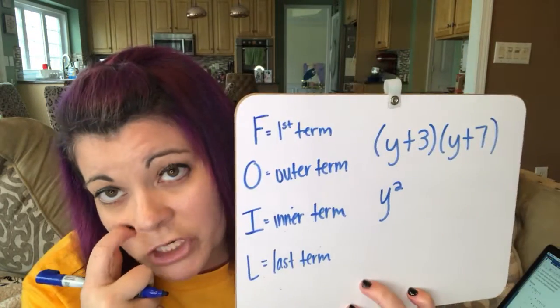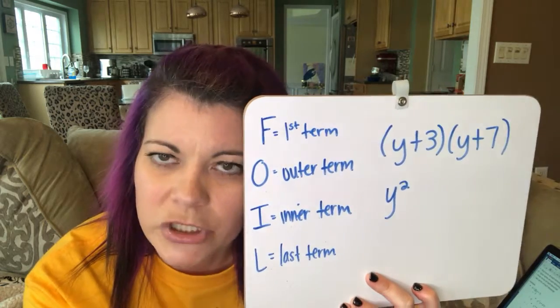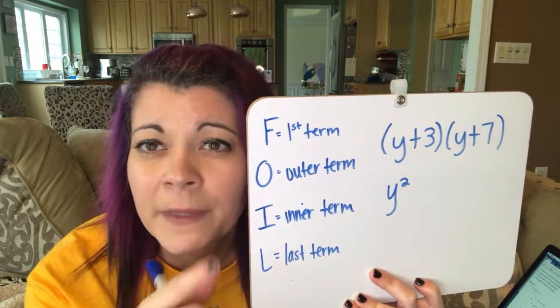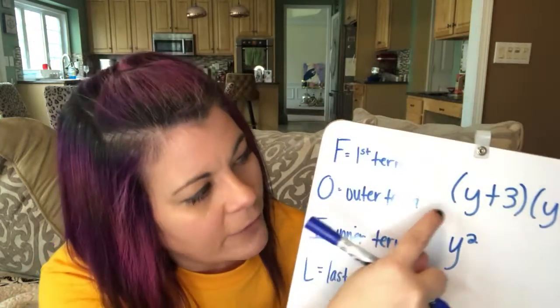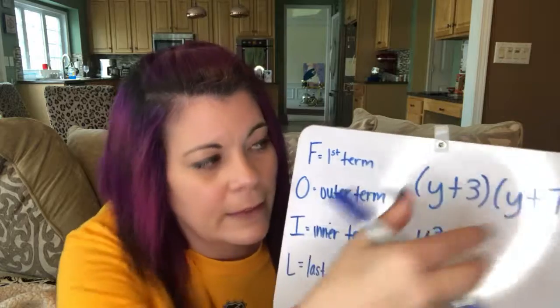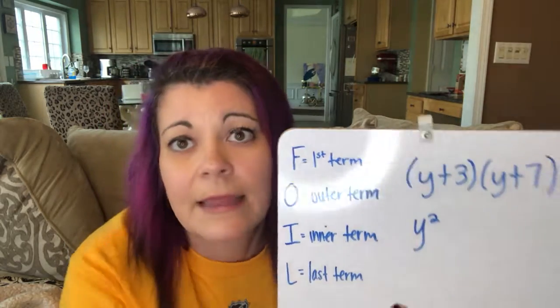O is the outer terms. Now we have to look at the operation that's in front of each number to determine if it's positive or negative. So the outer terms of the binomials, if we think of this as the outside, that's the inside, the outer terms would be y and 7.